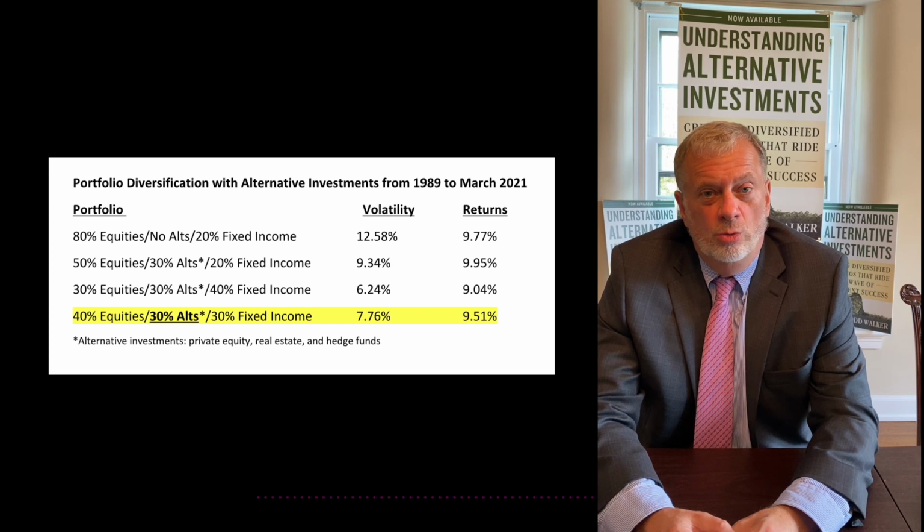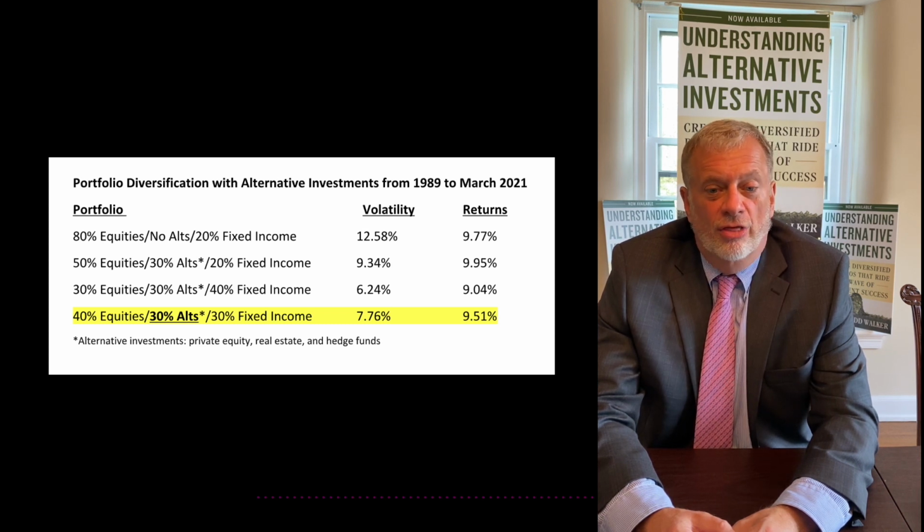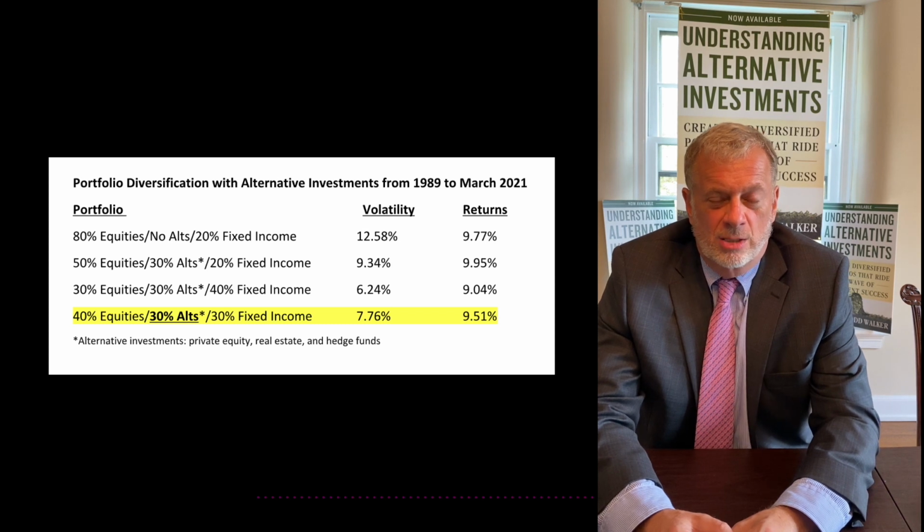Now one has only 7.76% volatility. Now let's take a look at the returns. Same thing, 9.51%, very attractive annualized rates of return, having 30% fixed income, 40% equities, 30% alternative investments.